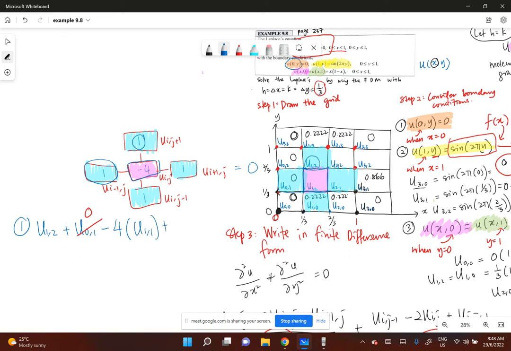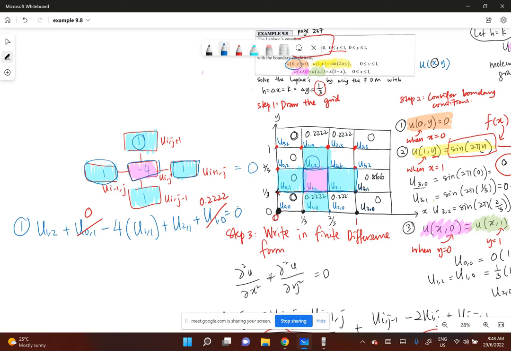Plus 1 times U21, and then plus U10 equal to 0, where the value of this one is 0.2222. Okay, so now I simplify it.